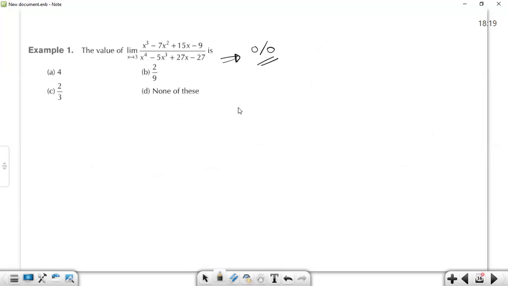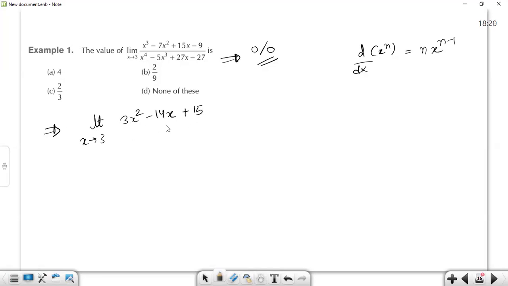So now let us differentiate the numerator and the denominator. Is everyone aware about differentiation? Yes, sir. So tell me, what is its answer? Sir, for the numerator, it is 3x square minus 14x plus 15.